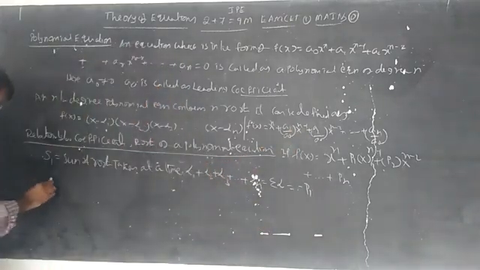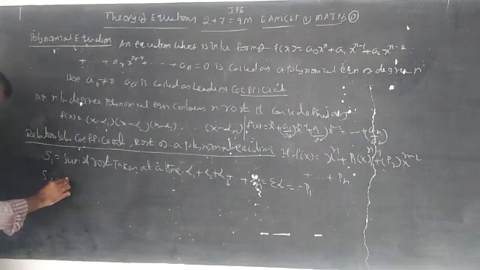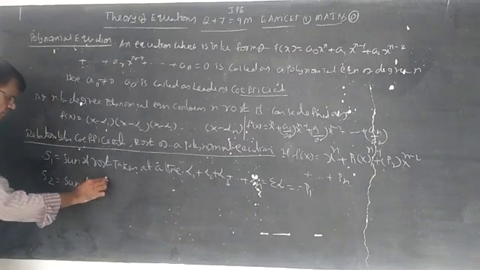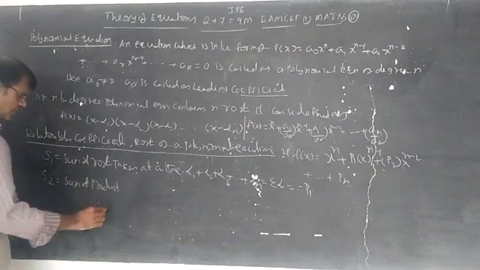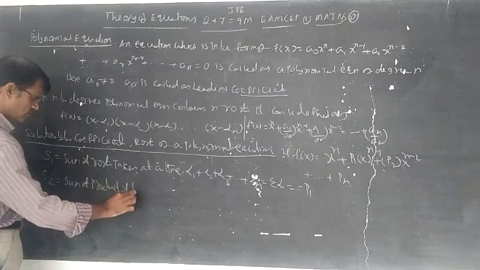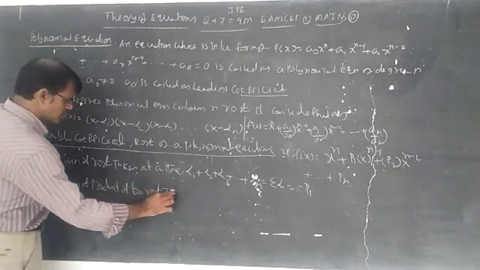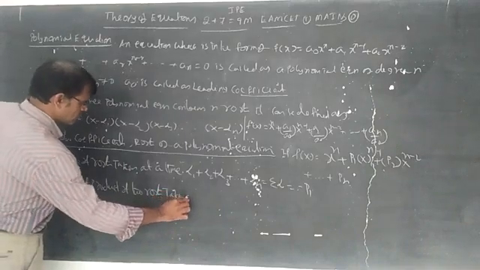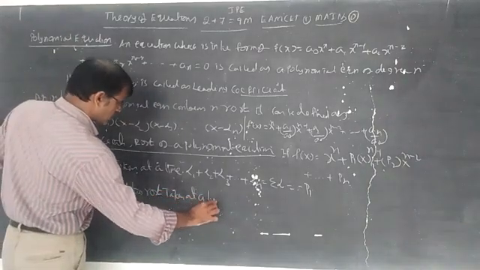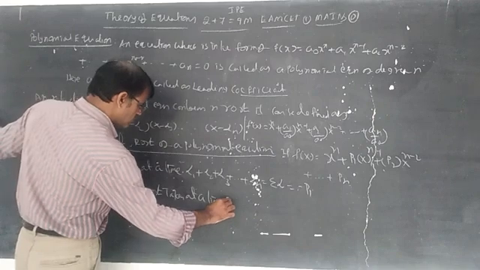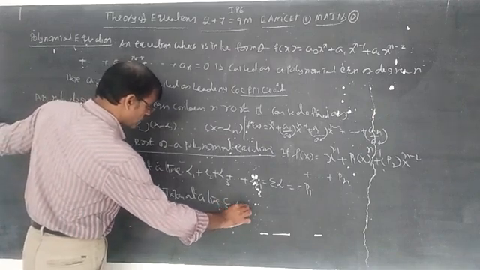Next you can write S2. S2 means sum of the product of two roots taken at a time. That means sigma alpha 1 alpha 2.